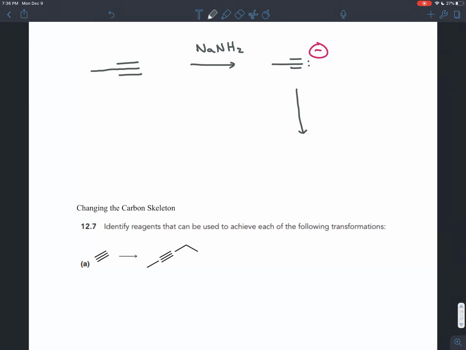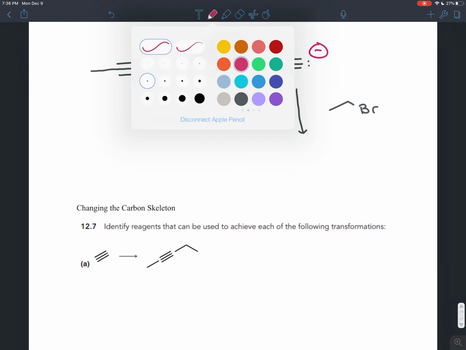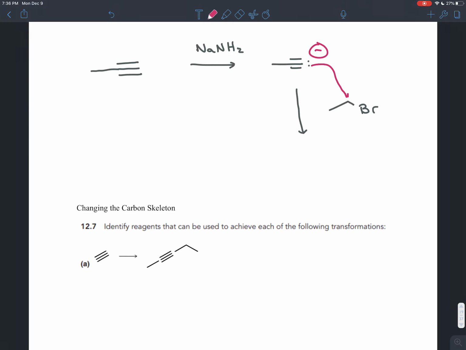If, for example, you had an ethyl group with a leaving group on it, chlorine, bromine, iodine, and the nucleophile attacks it, it could kick the leaving group off in an SN2 reaction, and you'll notice what the result of that would be.